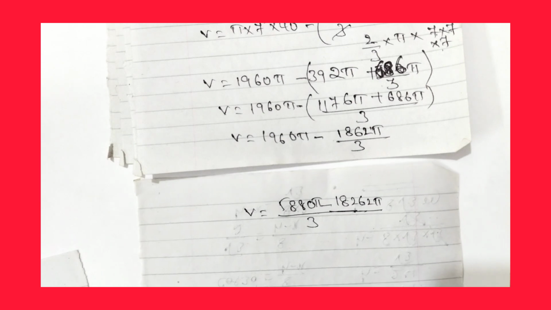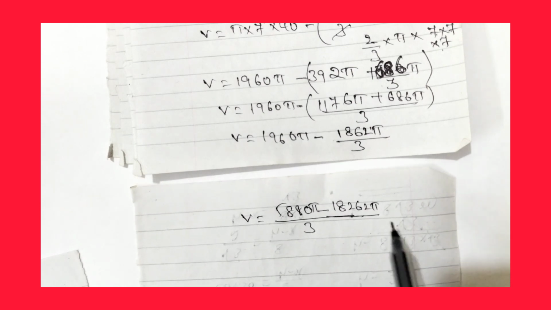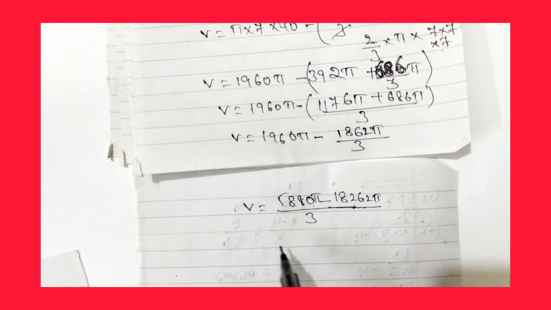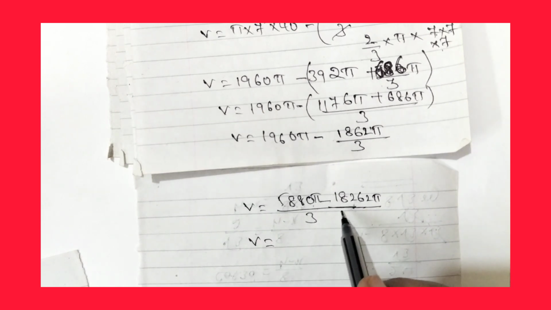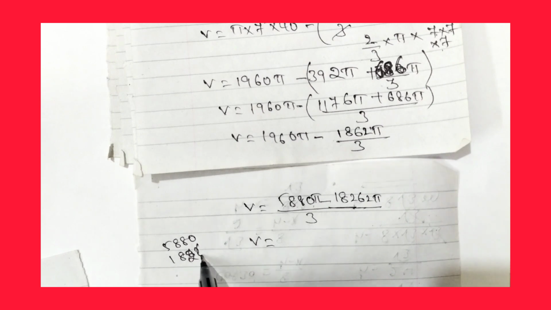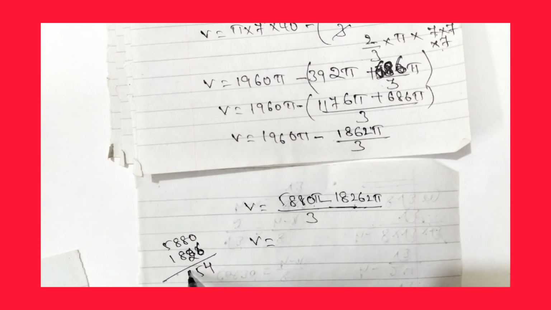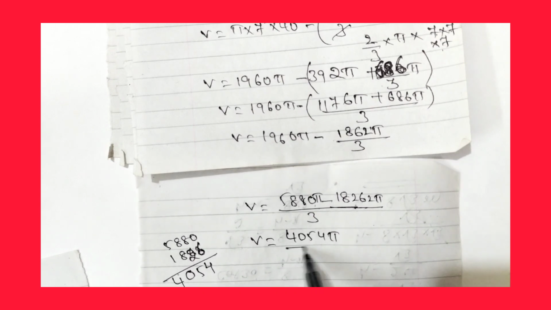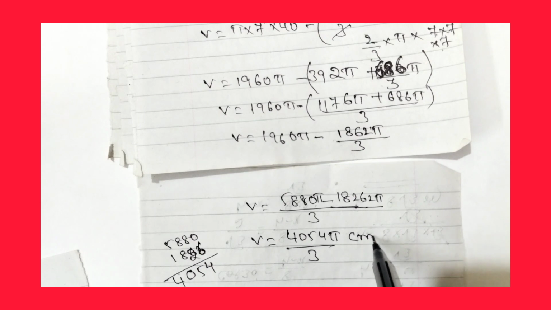So if I subtract and divide by 3, the volume is equal to, from 5880 if you subtract 1862, how much will we get, let us see. 10 minus 2 is 8, 7 minus 6 is 1, 8 minus 8 is 0, 5 minus 1 is 4. So 4018 pi divided by 3 centimeter cube.